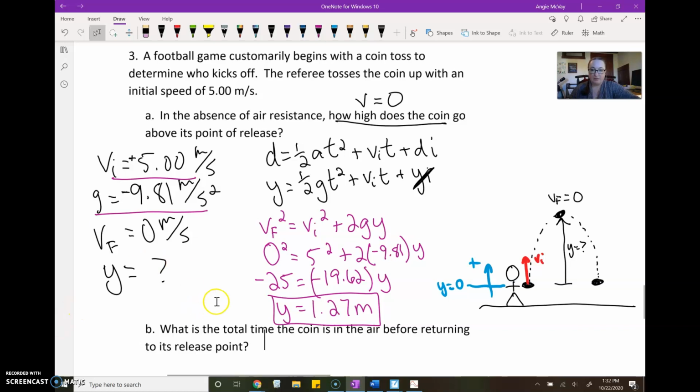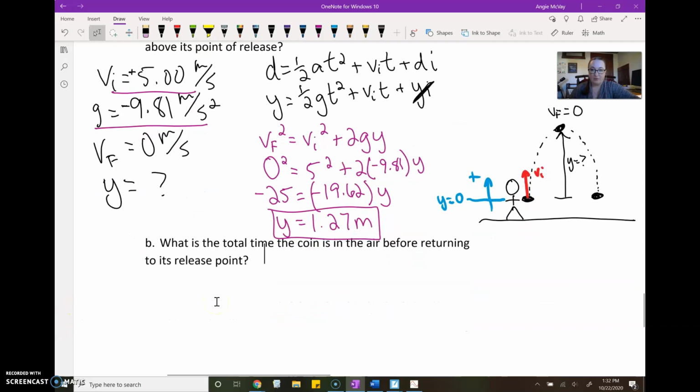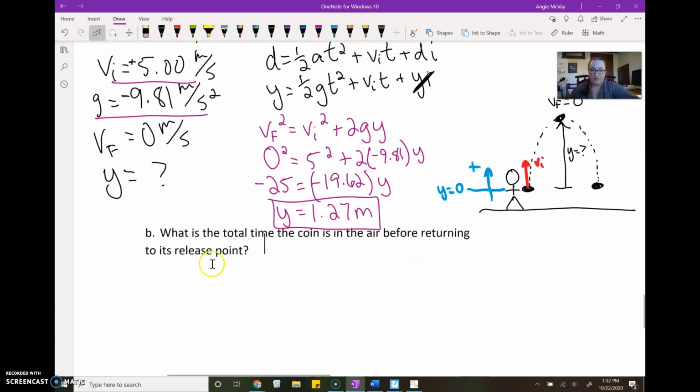Okay, now we're asking about what was the total time the coin is in the air before returning to its point of release. Now there are a couple ways that we can solve for this. We know that an object, when it's thrown up and comes back down, is exhibiting parabolic motion, right?